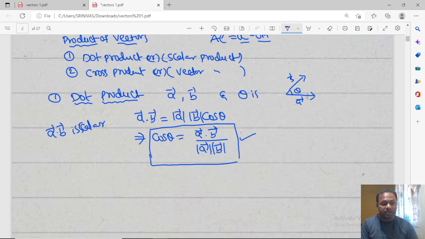Clearly I am saying that A bar dot B bar is a scalar. A scalar is nothing but a number, such as 2, 3, 5, 10, whatever it may be.